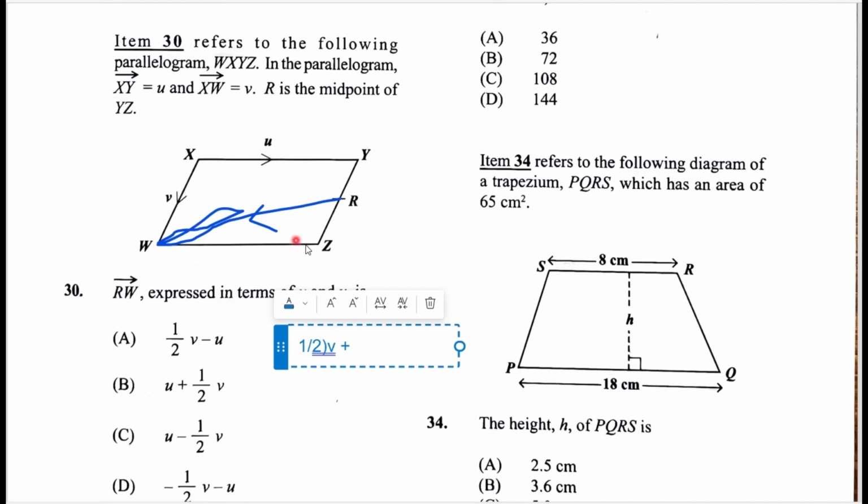Minus U, because ZW is going this way, which is opposite to U, so it'd be minus U. So really I have half V minus U. That'll be A, okay? That's A. Cool.